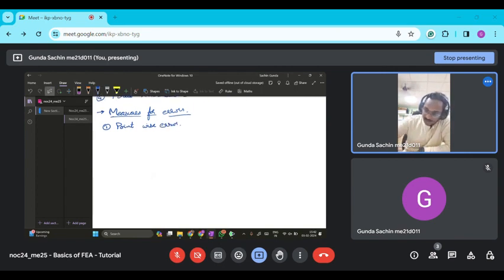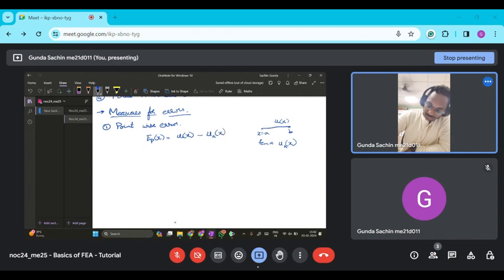So let's say that this is our domain, and our solution is U, and FEM solution is UH of X. Then pointwise error is a function of the domain, which is nothing but the difference between the exact solution minus the FEM solution.